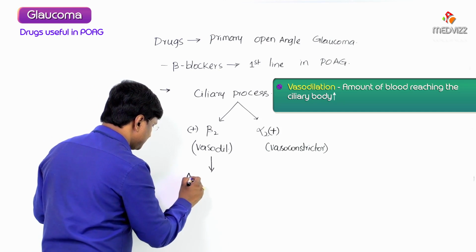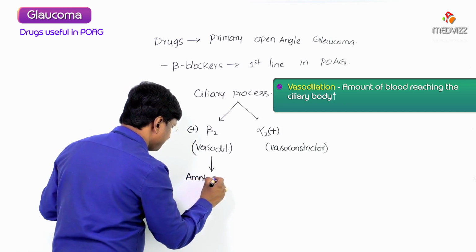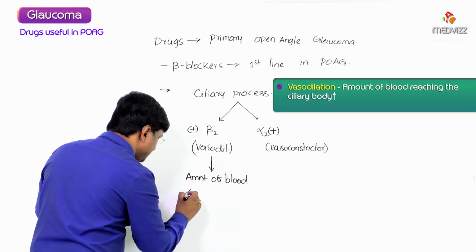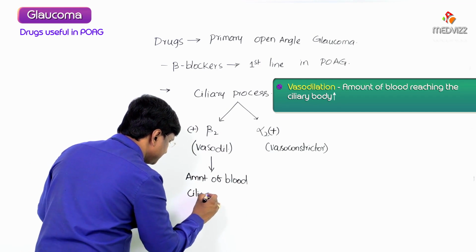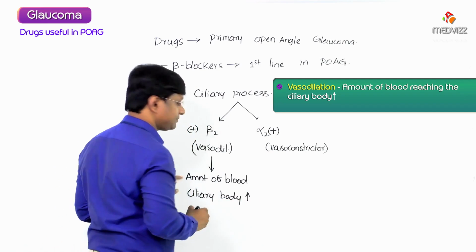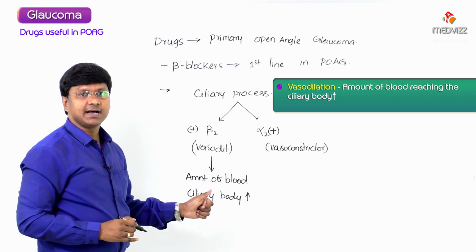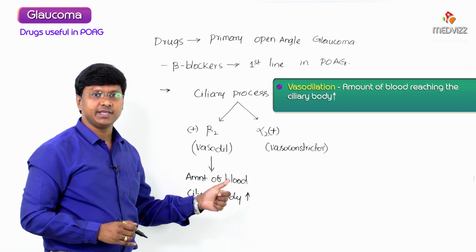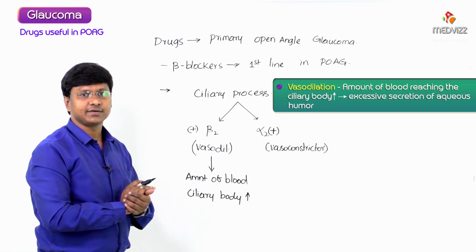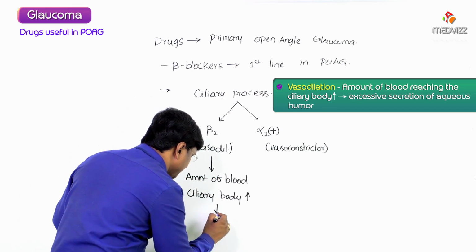As the amount of blood reaching the ciliary body increases, that will result in excessive secretion of the aqueous humor.